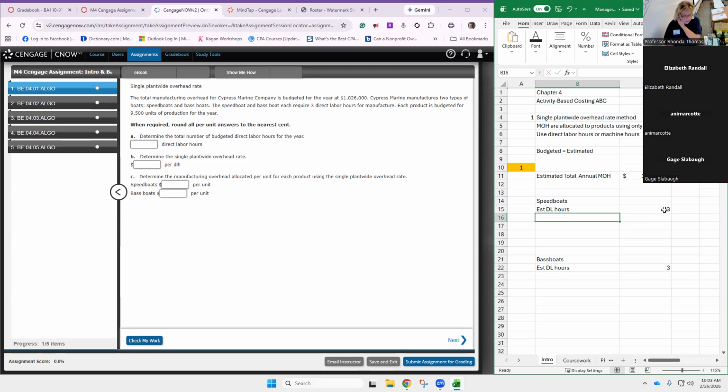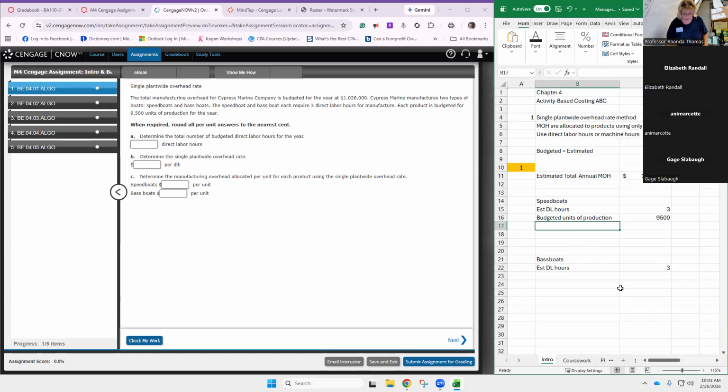If it takes 3 hours to make 1 boat, and each product line is going to make an estimate of 9,500 for each category, right? So here is the budgeted units of production, 9,500.